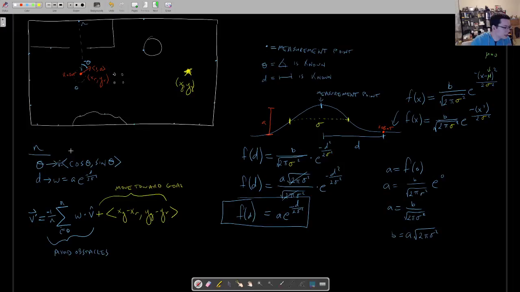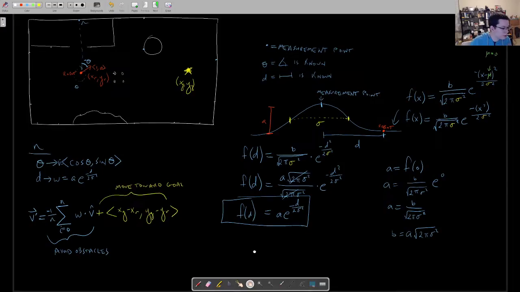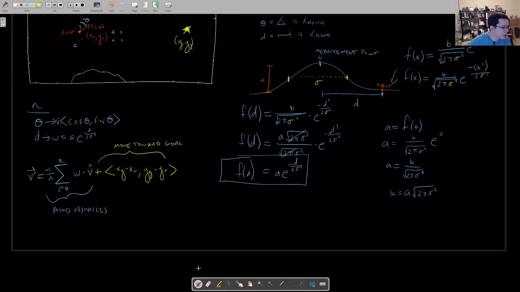And I'm trying to think if this is enough to just do it now, to plug this into my simulator. I want to write out the full formula for V first, though. So V vector. Oh, yeah. There actually is another step. But I'll actually have to write this.